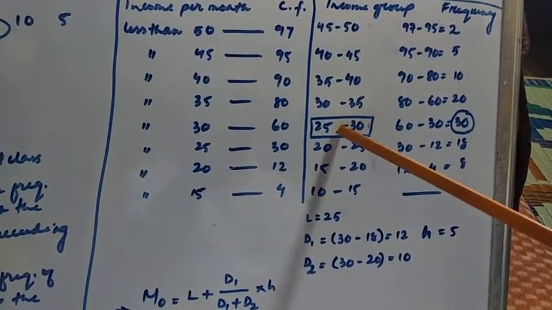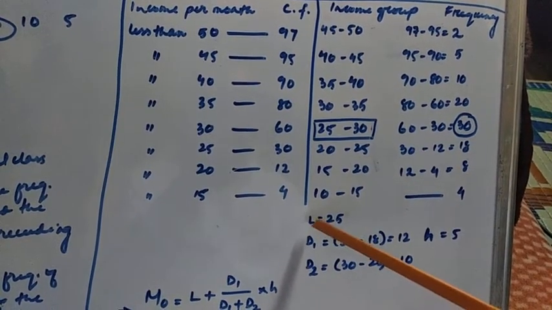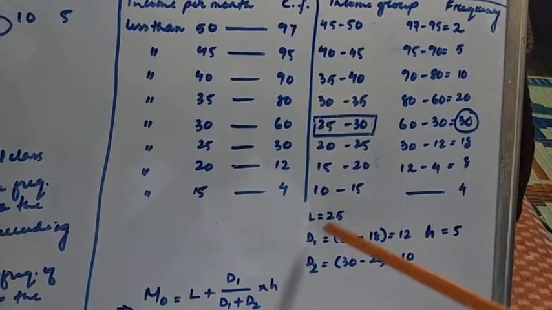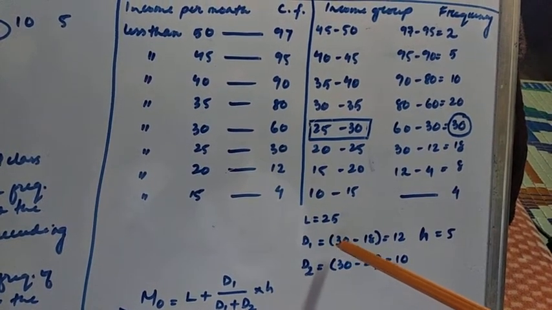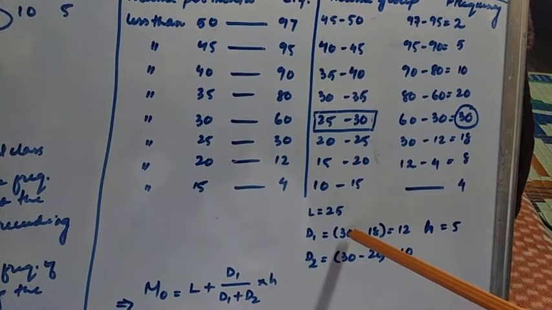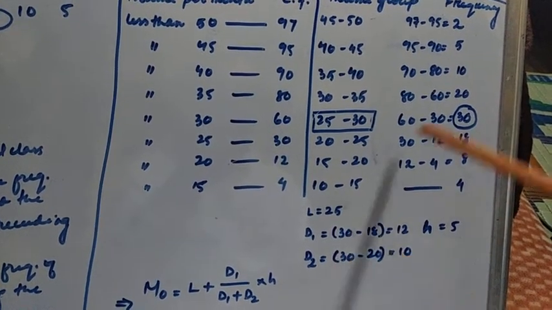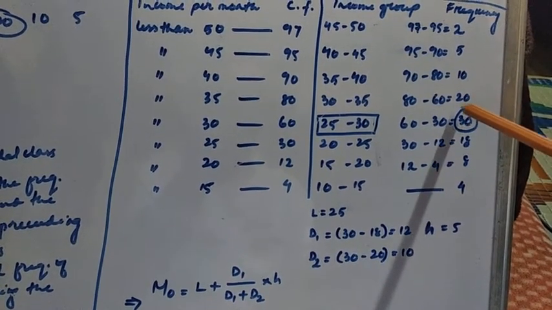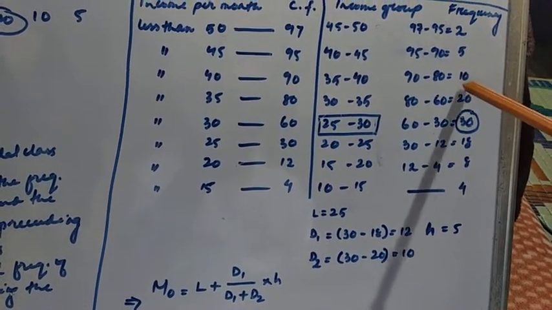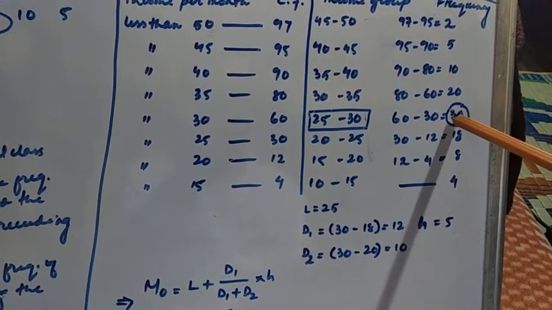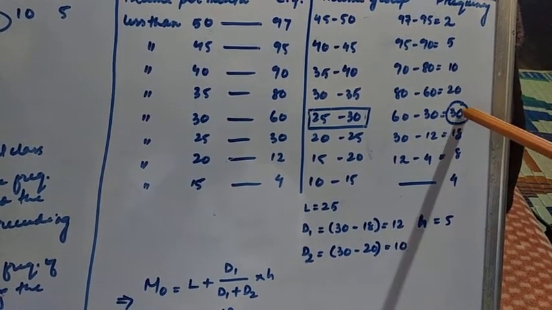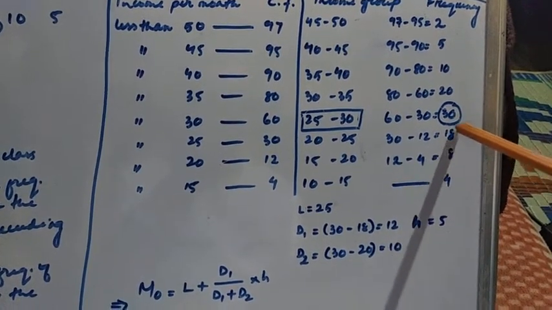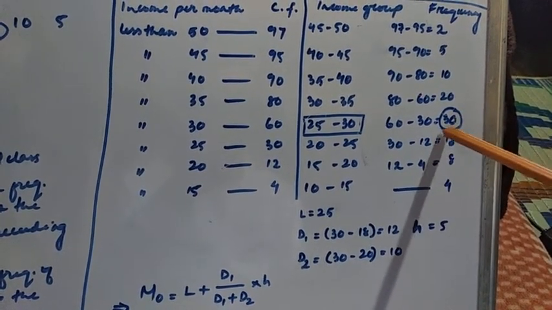Correspondingly we can apply the formula. L is 25 because L is the lower limit of the modal class. D1 is the difference between the modal class frequency 30 and the frequency preceding the modal class. D2 is the difference between 30 and the frequency succeeding the modal class, 18.